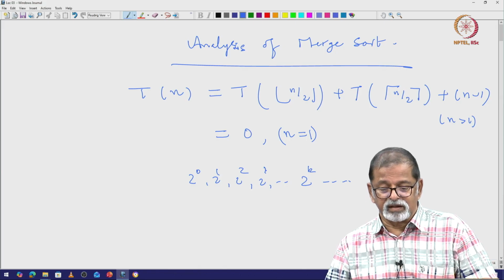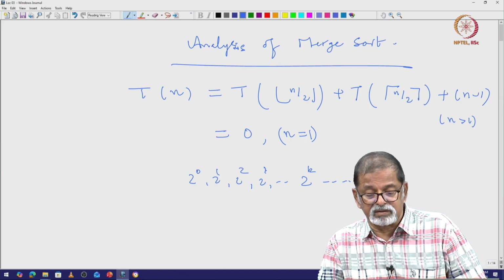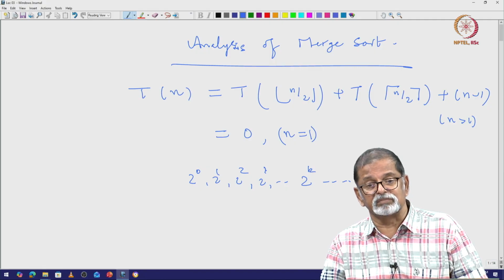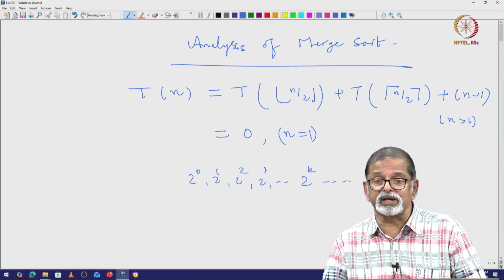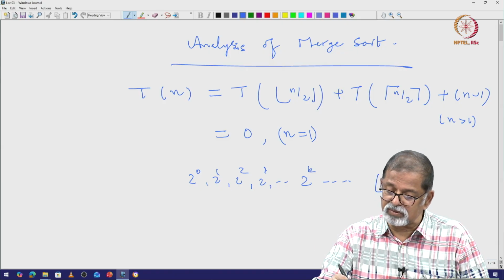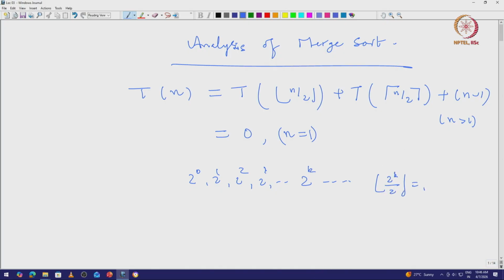Okay? The reason why I have chosen 2 power k is floor n by 2 as well as ceil n by 2 when n is 2 power k would be 2 power k minus 1, right. Floor 2 power k by 2 equal to ceil 2 power k by 2, and that will be equal to 2 power k minus 1.